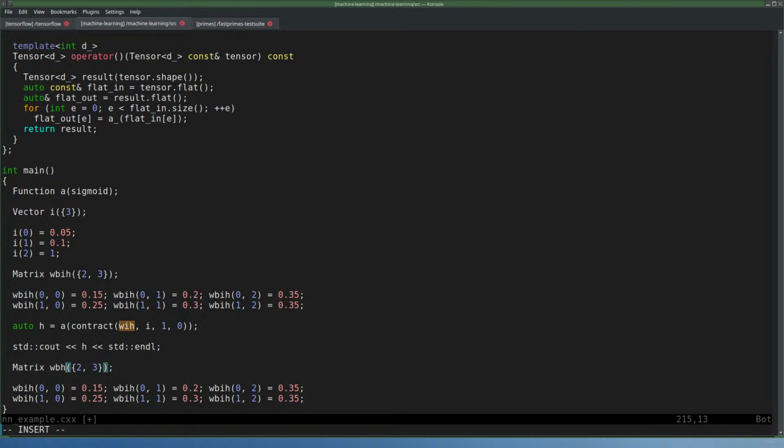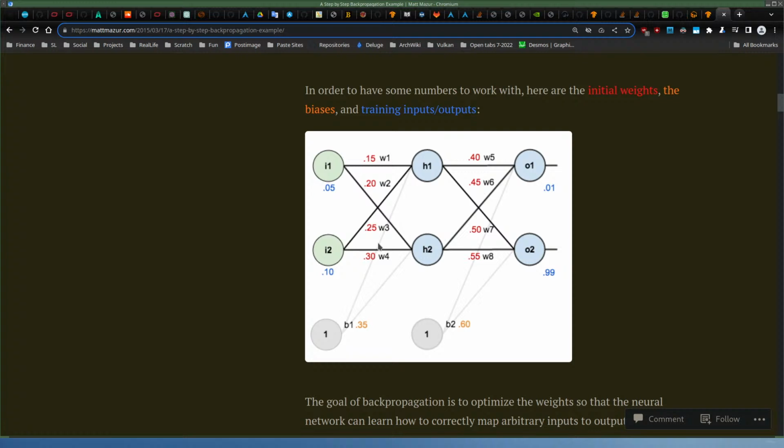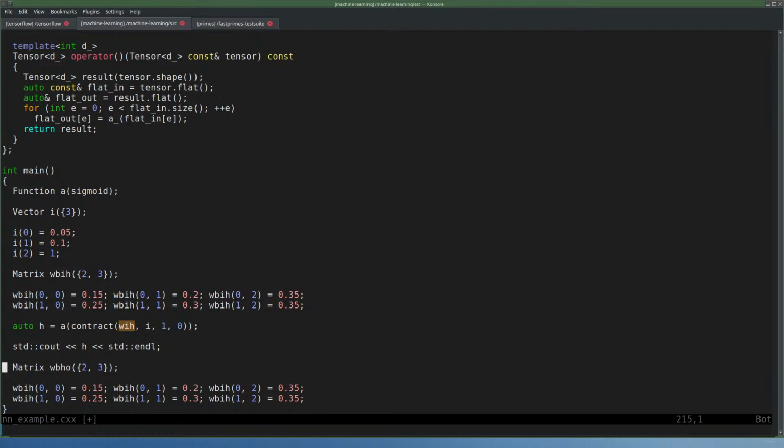And now hidden to output. Hidden to output looks like the same thing because you have 3 inputs again, and again 2 outputs. So also 2, 3. Substitute that with that.